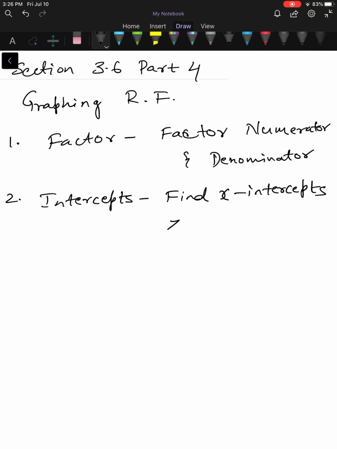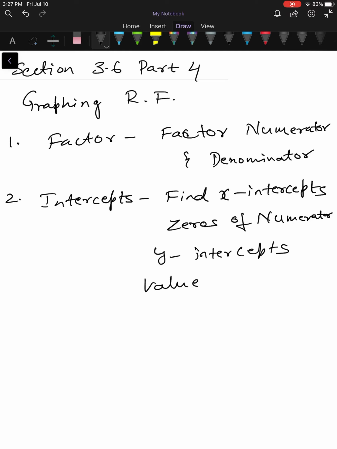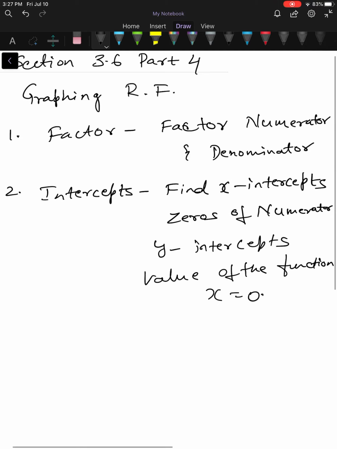So x-intercepts are nothing but the zeros of the numerator, and y-intercepts are nothing but the value of the function when x is 0.